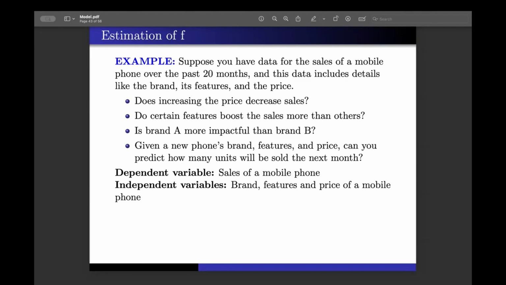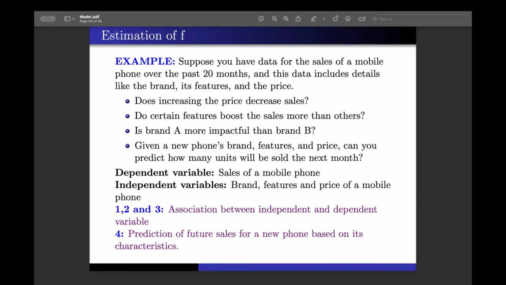So we are trying to find out how the value of the independent variable is changing the value of the dependent variable. Similarly, if we look at the second question, do certain features boost the sales more than the others? Again, the feature of the mobile phone is the independent variable, and we are trying to find out if this is changing the value of the dependent variable and how.